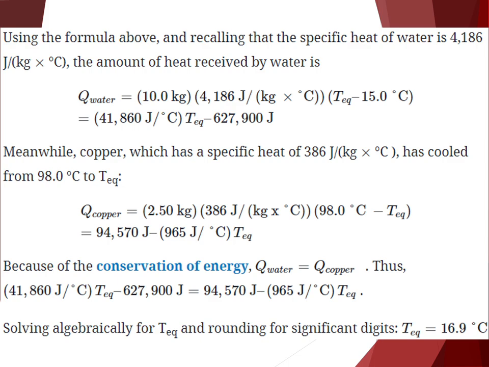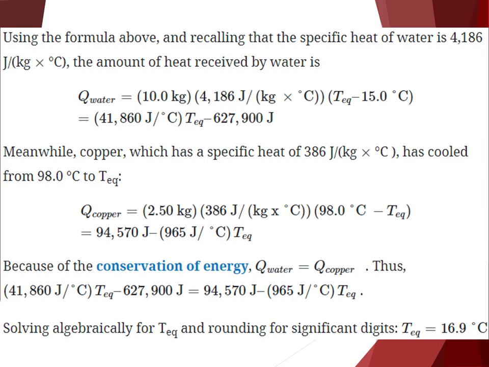We know that the Q of the copper is going to be equal to 2.5 kilograms multiplied by the specific heat, which is 386 joules per kilogram degree Celsius, again multiplied by 98 degrees Celsius minus the thermal equilibrium, T sub EQ, which we can solve to represent as 94,570 joules minus 965 joules per degree Celsius, again multiplied by thermal equilibrium, T sub EQ.